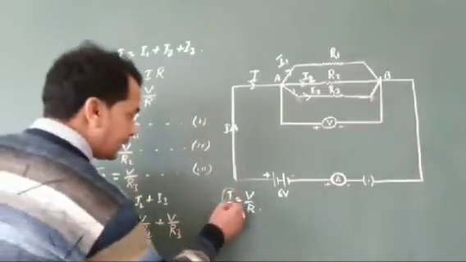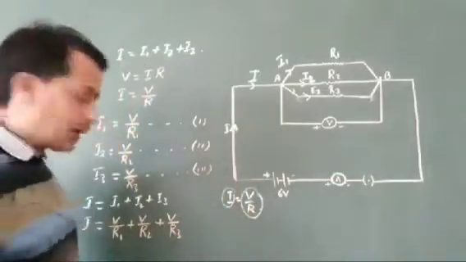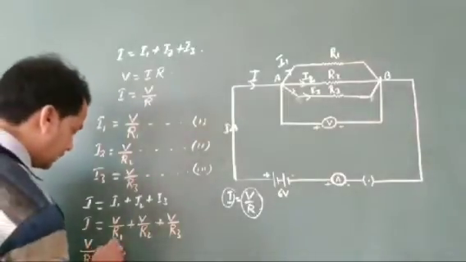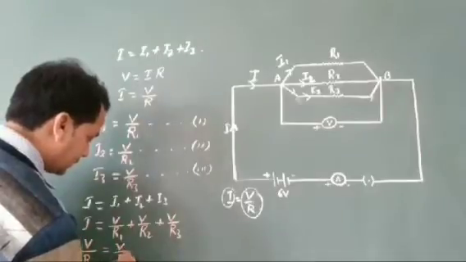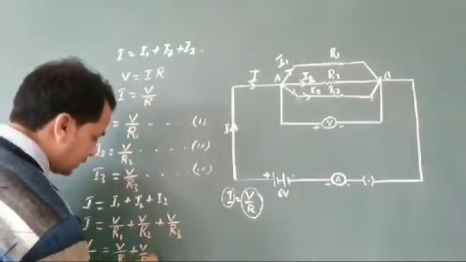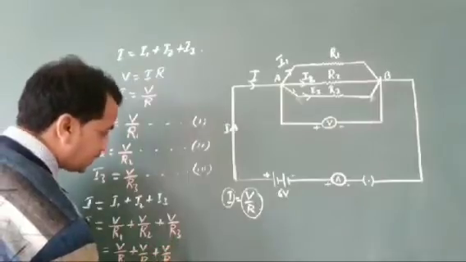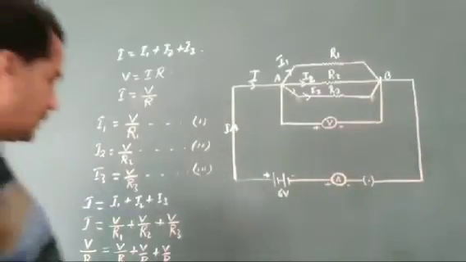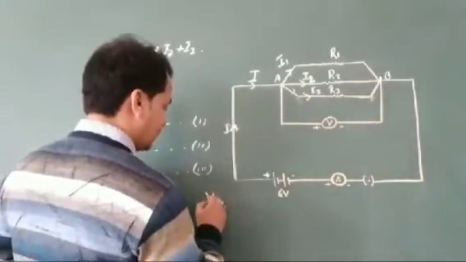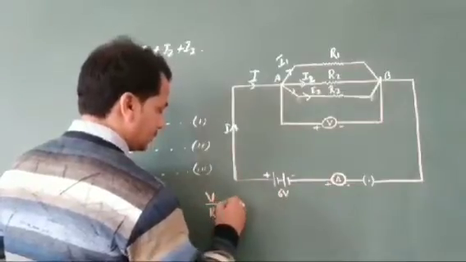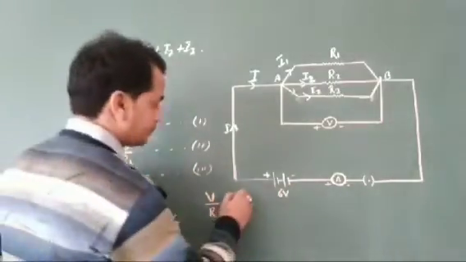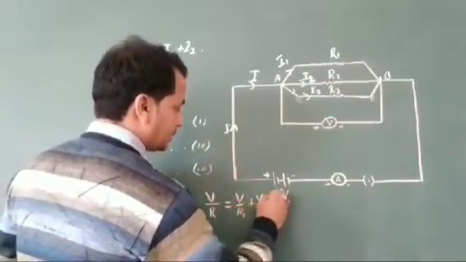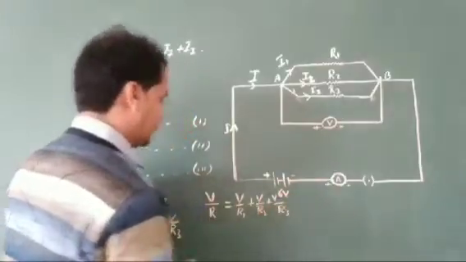So net current I equals V by R. Then V by R equals V by R1 plus V by R2 plus V by R3.